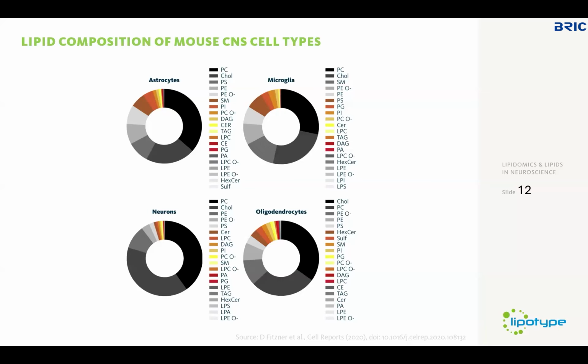And in principle, though otherwise not rich in phosphatidylglycerols, lipidomic data show that they were also enriched in selected phosphatidylglycerol lipids. Oligodendrocytes were the most divergent cell types, as we saw in the previous graph already, and again, most likely due to their myelin production, they have a distinct lipid composition.